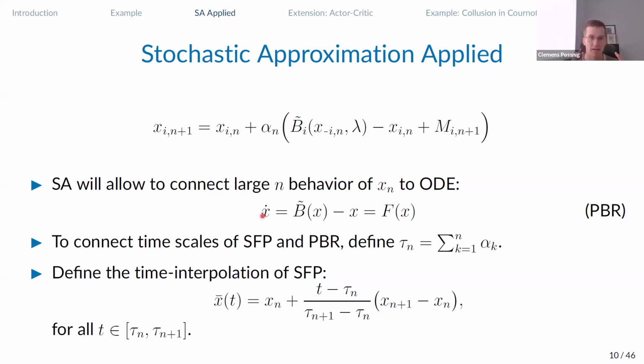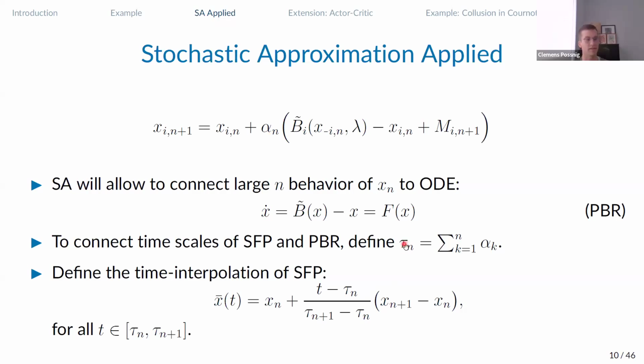Now, the first step in figuring out how this ODE is connected to the stochastic approximation scheme would be to bring the discrete time system onto continuous time. And the way to do this is by thinking of alpha n as the continuous time steps that the discrete time algorithm takes. And then in period n, the continuous time that has accrued after n algorithm steps would be just the sum of these step sizes.